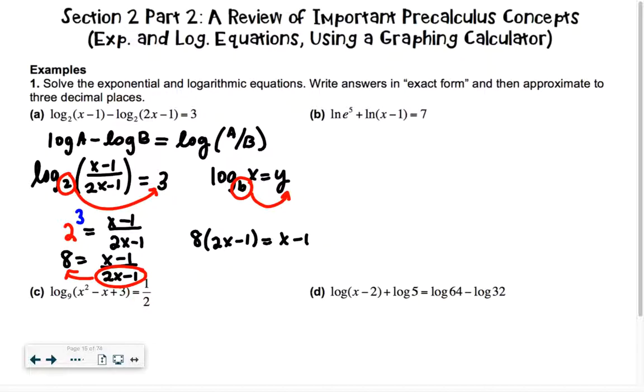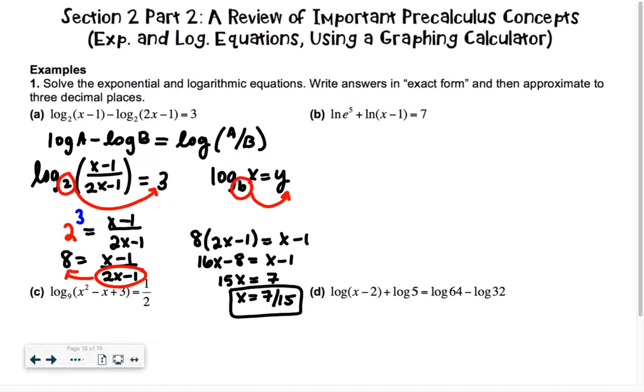We just solve it out. So we get 16x minus 8 is equal to x minus 1. So we have 15x is equal to 7. So x is equal to 7 over 15. Okay, that would be the exact answer. It's a fraction, we just leave it like that.